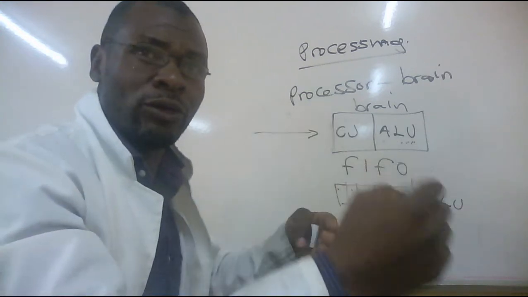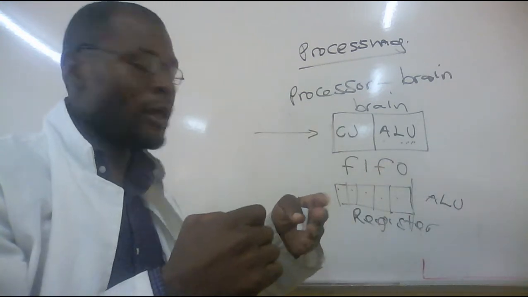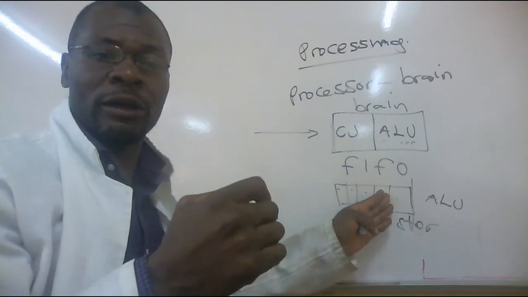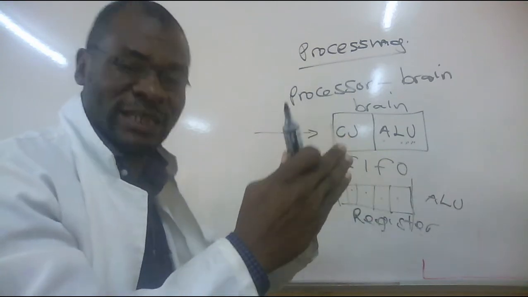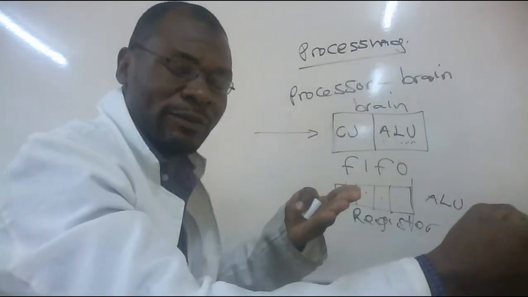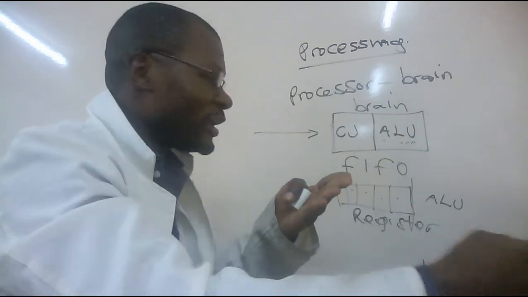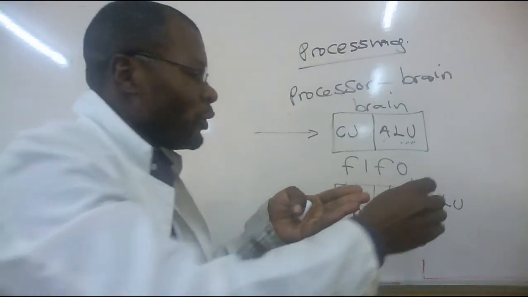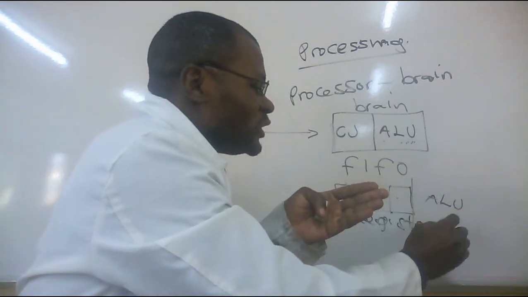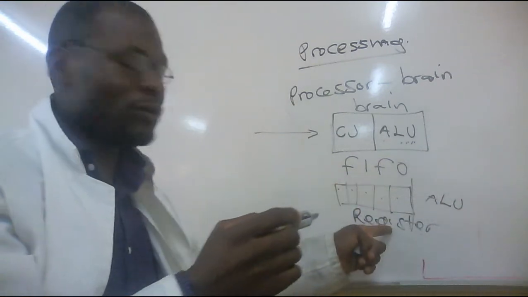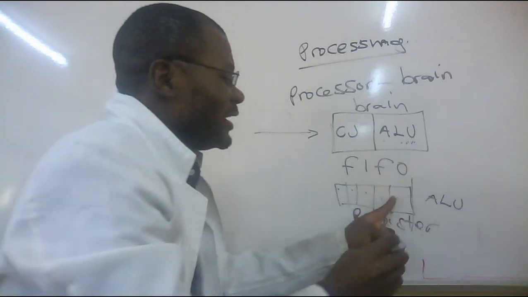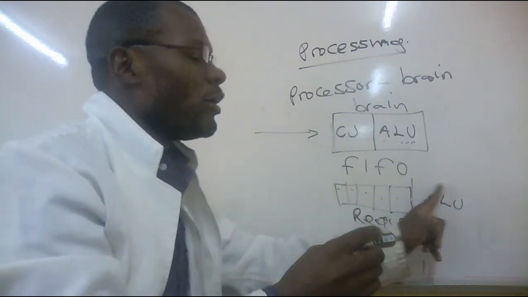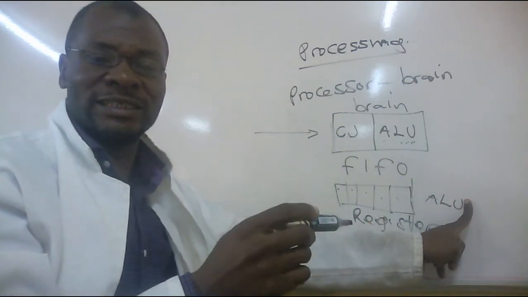The more data goes into the system, the more the processor will try to detain some data until the other data which is on the other side has finished processing. When the data is finished processing, that's when it will be sent out of the ALU, and the next data in the first register will go into the system.